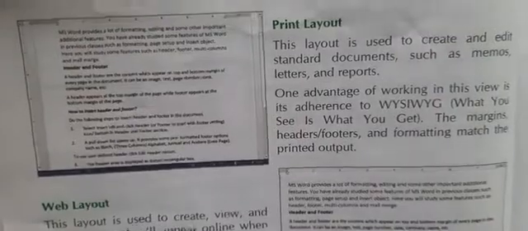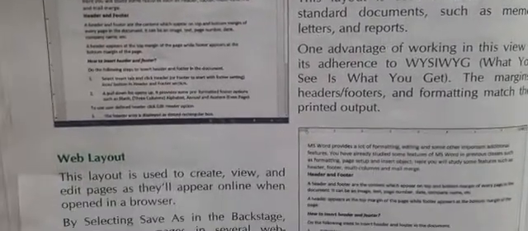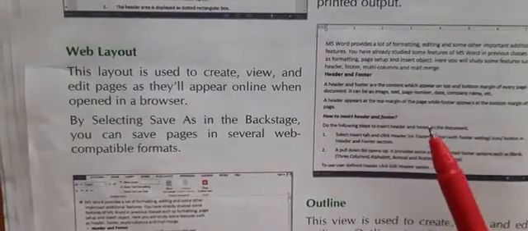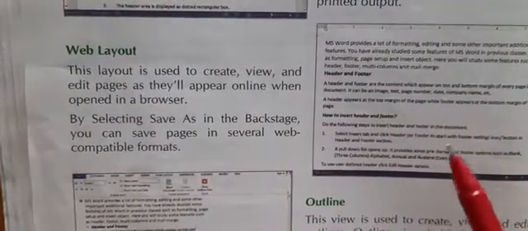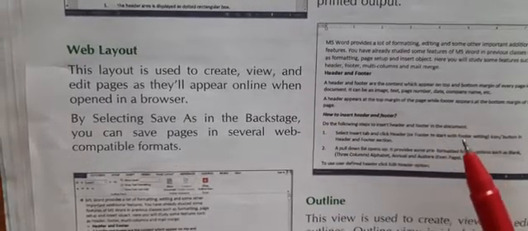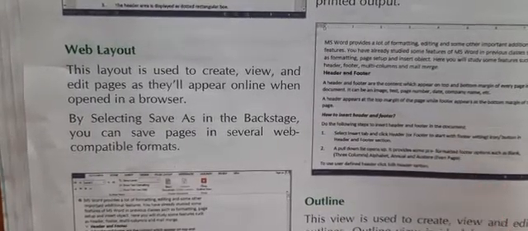Then next is web layout mode. What is the use of web layout mode? It is used to create, view and edit pages as they will appear online when opened in a browser.